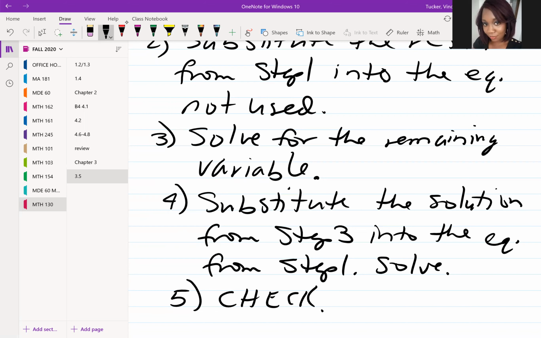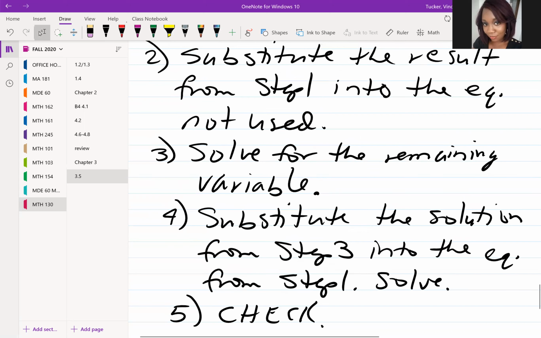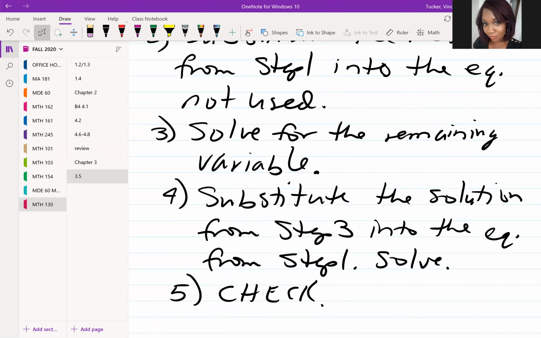Trying to find a good example. Any questions on the directions before we look to do an example?